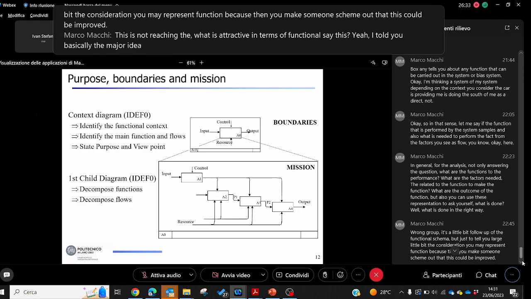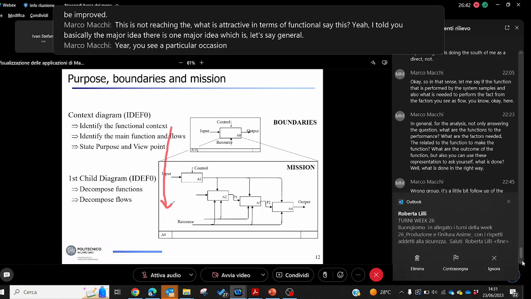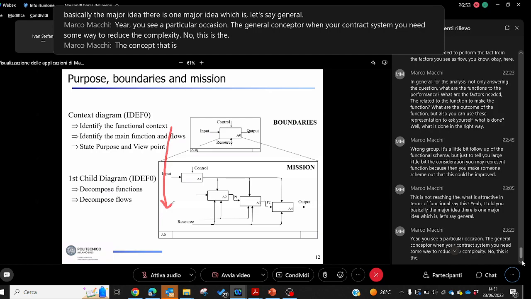There is one major idea which is, let's say, general. Here you see a particular case. The general concept: when you have a complex system, you need some way to reduce the complexity. This is the general concept. The general concept that is used typically in this modeling language is hierarchization.